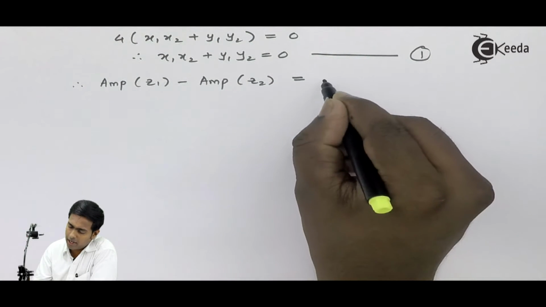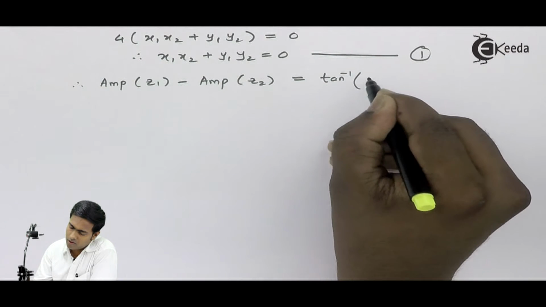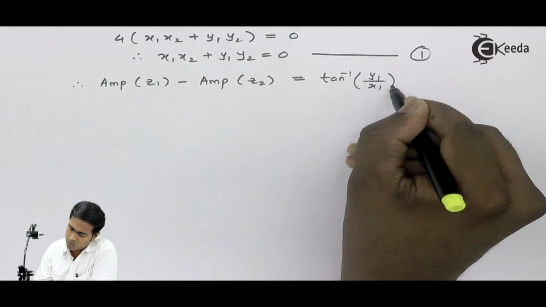तो इसका amplitude आएगा tan inverse of y1 upon x1.